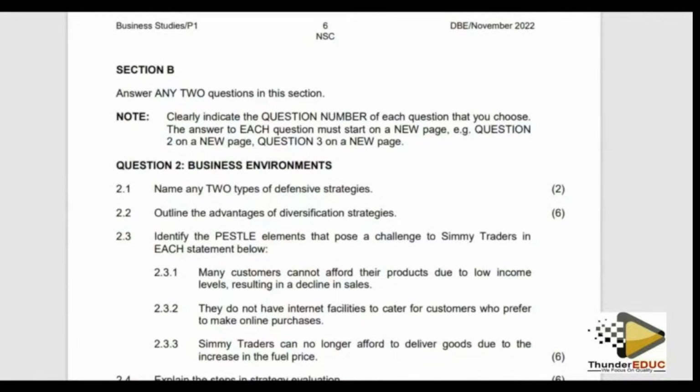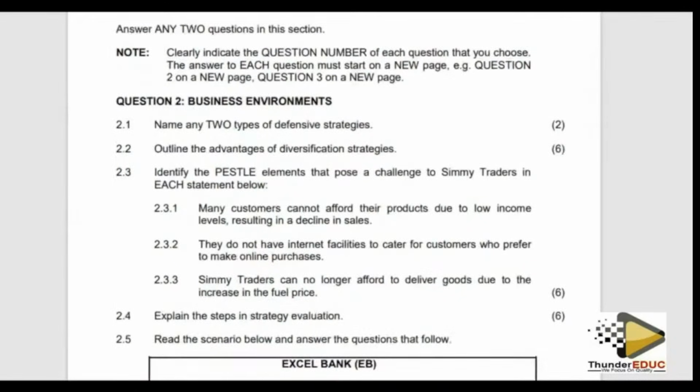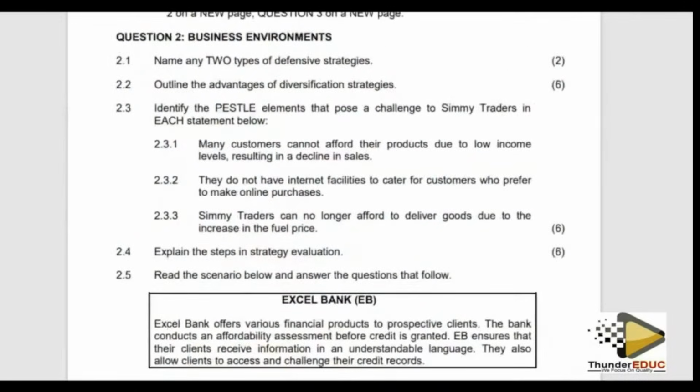Okay, so now let's check 2.2.1. Name any 2 types of defensive strategy. Before you can come up with a type of defensive strategy, you must know the meaning of defensive. Under which circumstance should the business defend itself? It means the business can defend itself when it is going down.